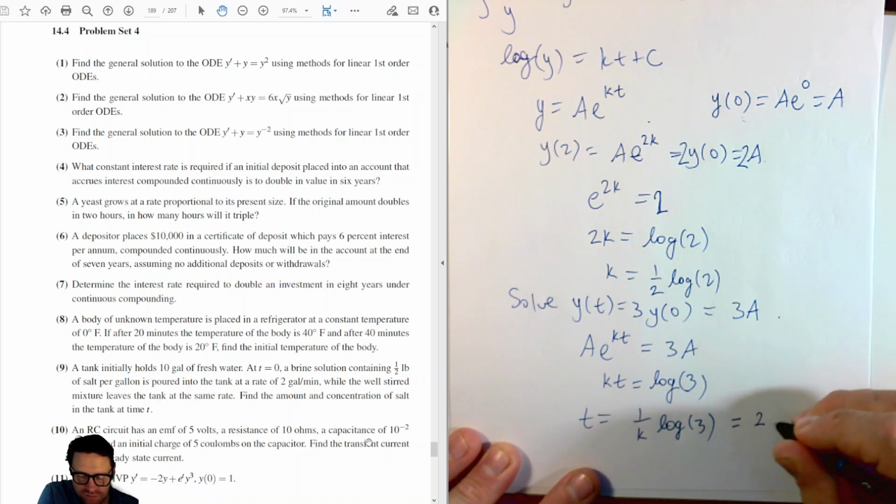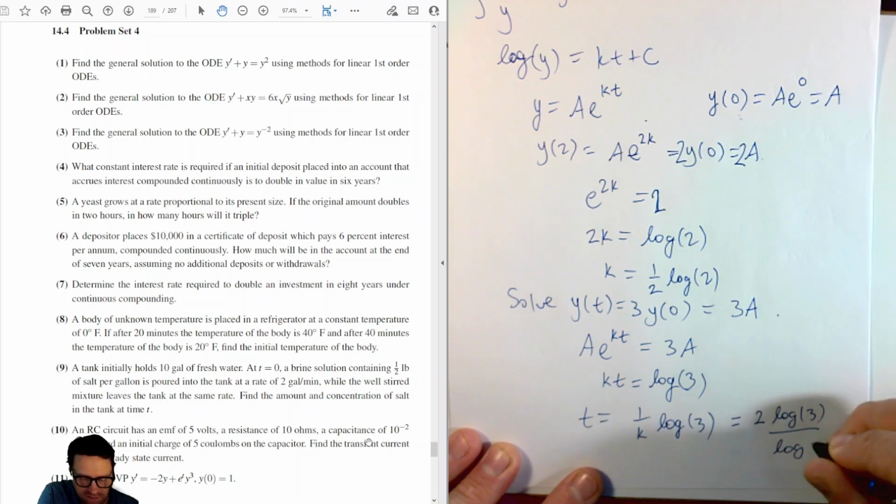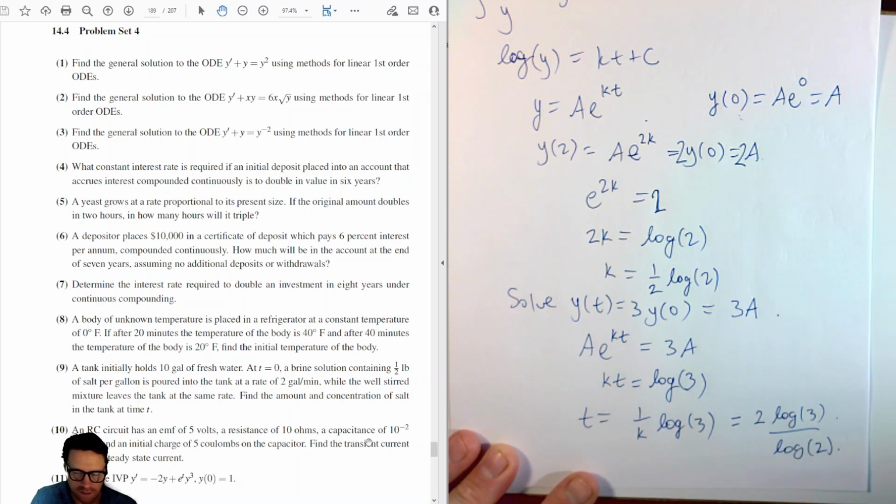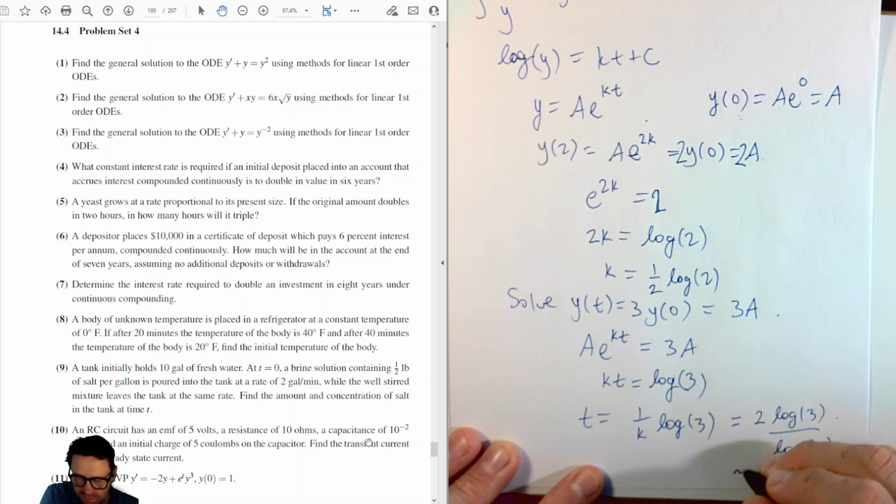So we have 2 log of 3 over log of 2, where these are the natural logs. Okay, and that's how long it should take. And so as we approximate this, we'll get about 3.17 hours.